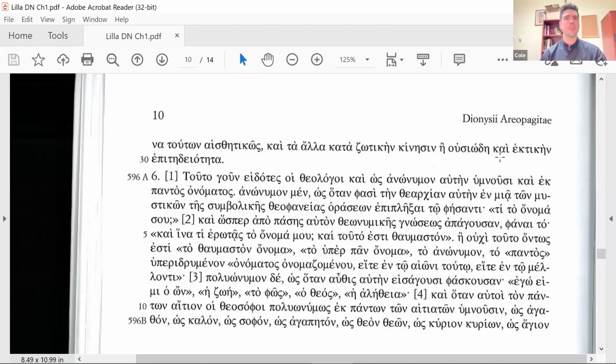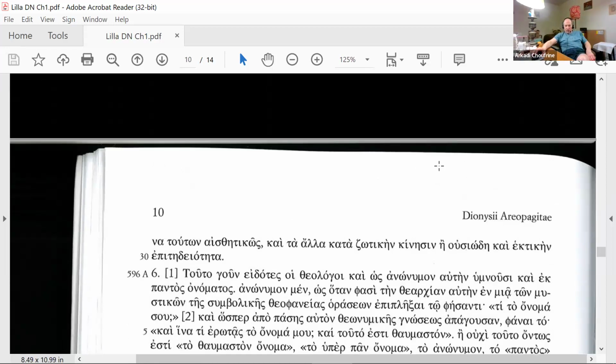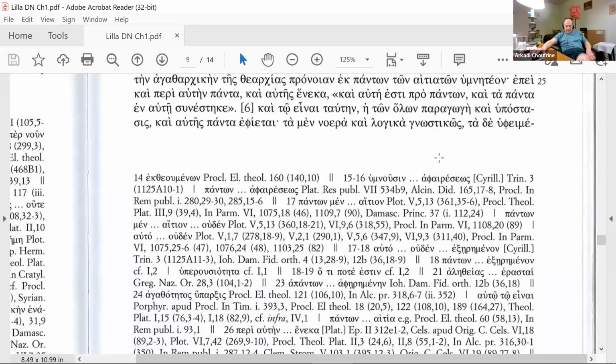Or an essential or suitable, habitual sustaining cause. Yeah, aptitude, epitēdeiotēta, I think aptitude would be a good translation.